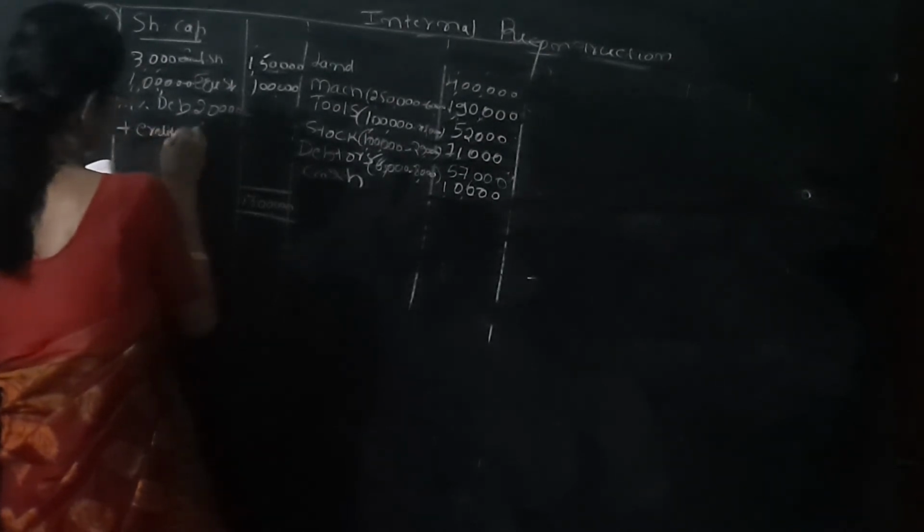So equity share capital. See, the equity share capital is 1 lakh. So write 1 lakh. Here the number of shares is the same. Here you should write the 30,000 preference shares. Here 1 lakh equity shares. Then here 14% debentures. We already have 2 lakh debentures, plus creditors added to debentures, half of the creditors.